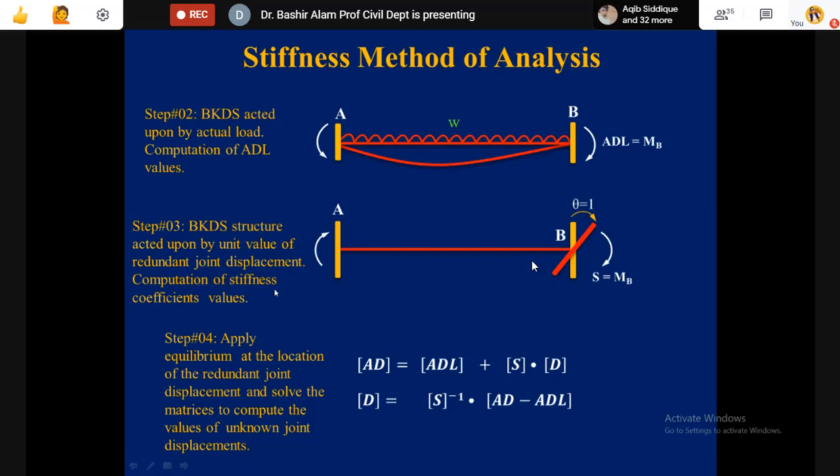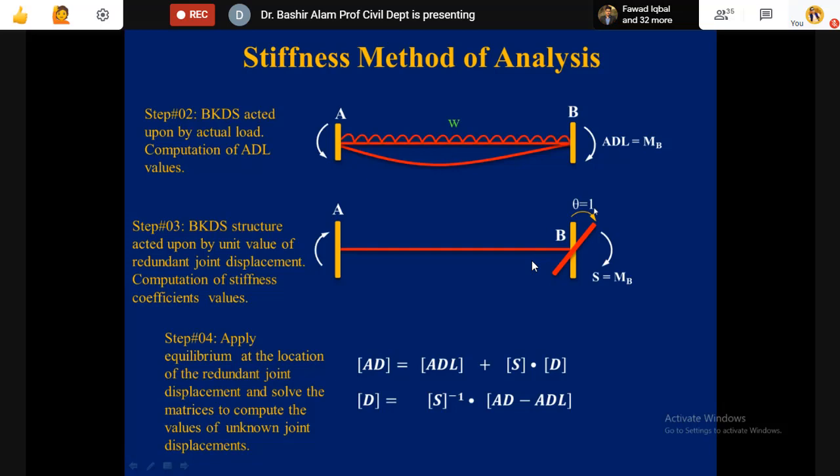And now computation of the stiffness coefficient value. The actions will be calculated, and those actions will give us the stiffness coefficient value. Now ADL is known, S is known, and this theta, which is D in this case, is unknown.